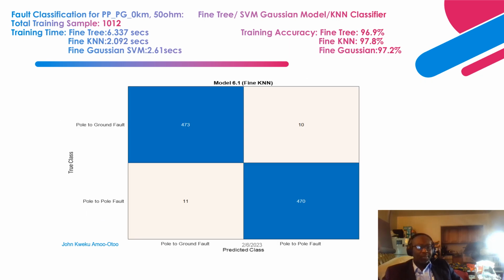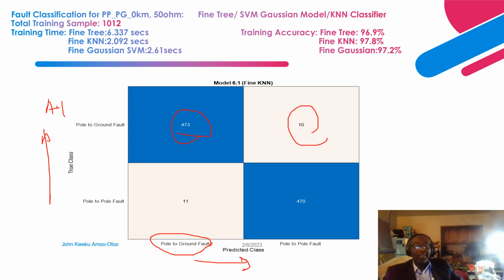Next is the confusion matrix for the fine K-NN. Like I indicated, this is your true class, your actual data, and this is your predicted class, what you want to achieve based on prediction. Out of the data, for a pole-to-ground fault, 473 was classified accurately, and 10 of the pole-to-ground fault data was predicted wrongly as pole-to-pole fault.